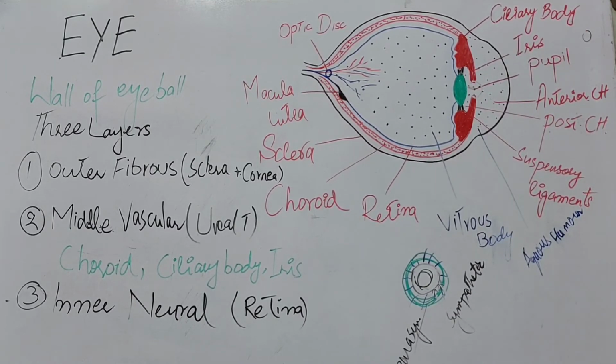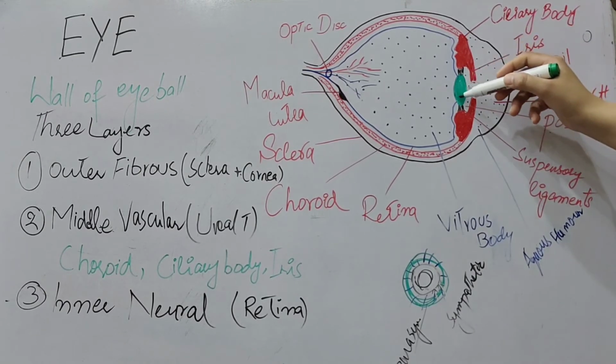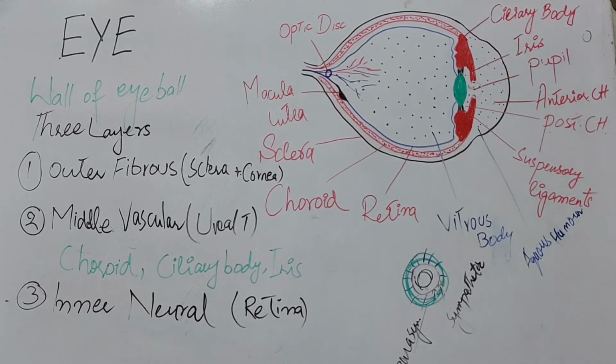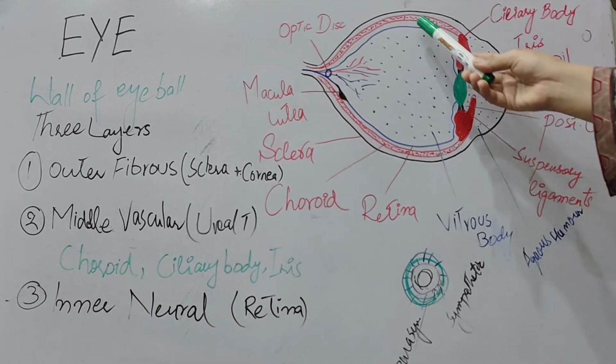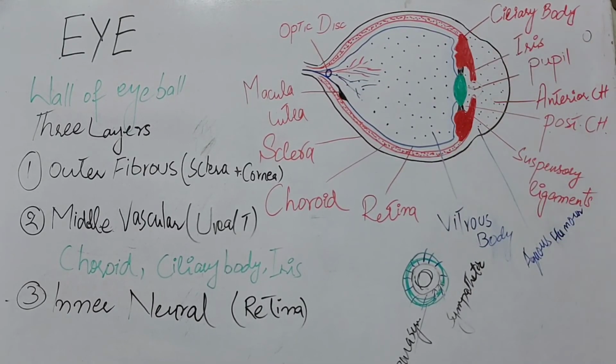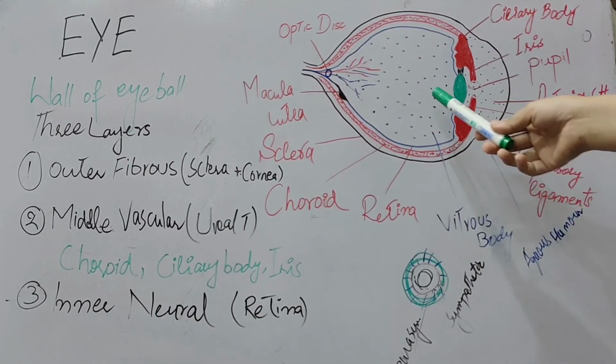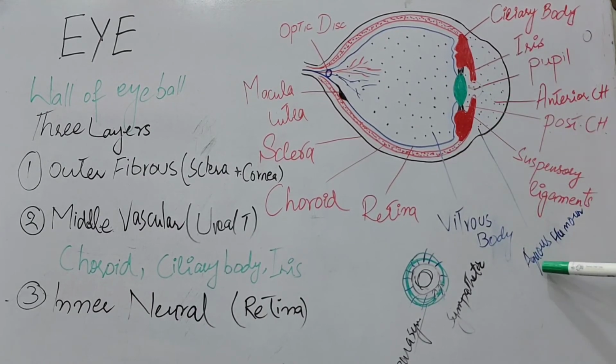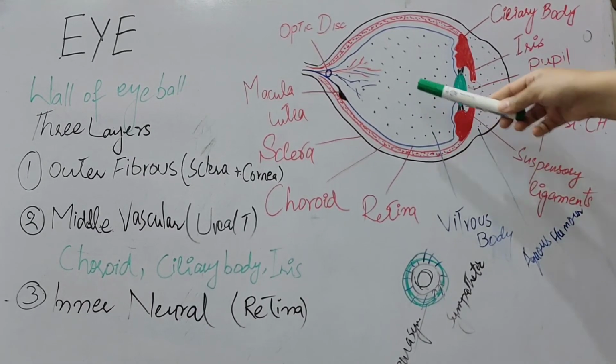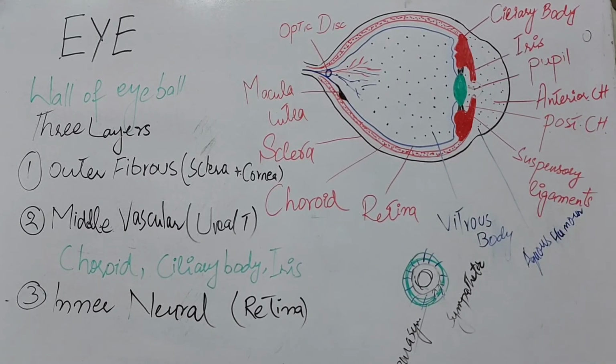These suspensory ligaments change the size of this lens for accommodation. Vitreous body is the fluid which is contained within the posterior compartment of the eyeball. The fluid contained in the anterior compartment is called aqueous humor, while the fluid in the posterior compartment is called vitreous body.